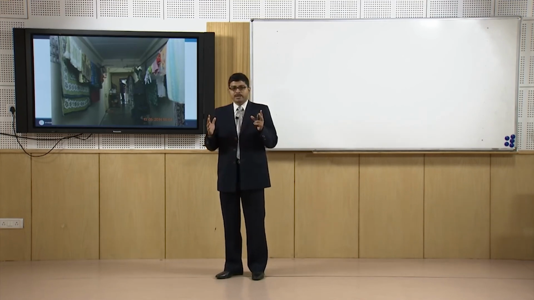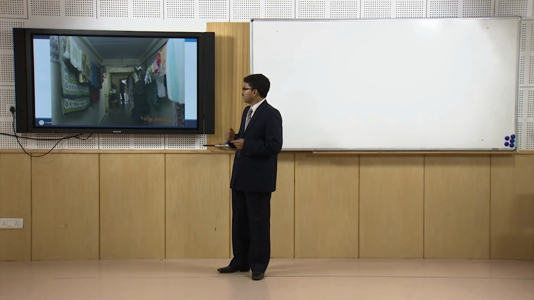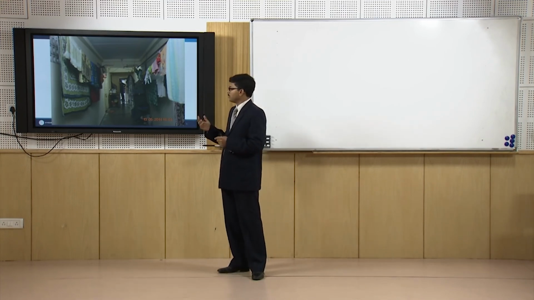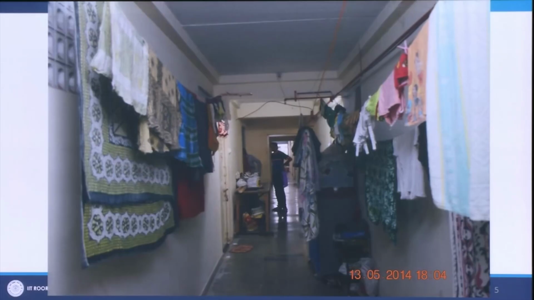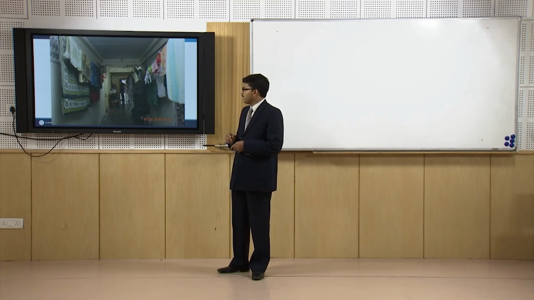Even when we do housing for the common people, for the lower income group and middle income group, we find social problems. This is basically a corridor, but people use it for their day to day activities, which is not supposed to be done there. So, these are the social problems associated with housing policy and planning and design.